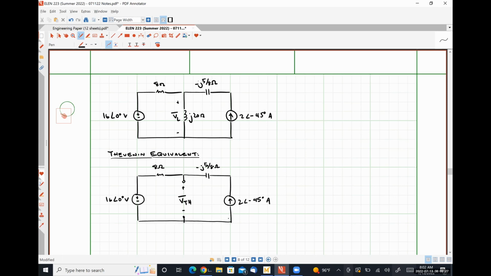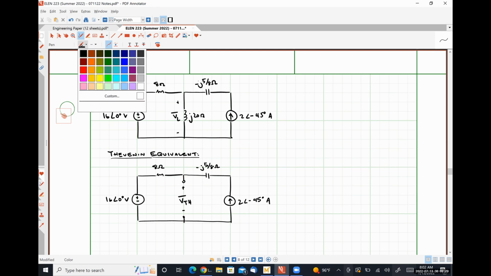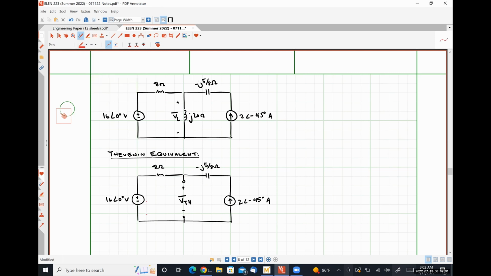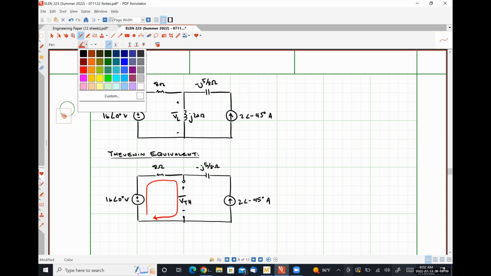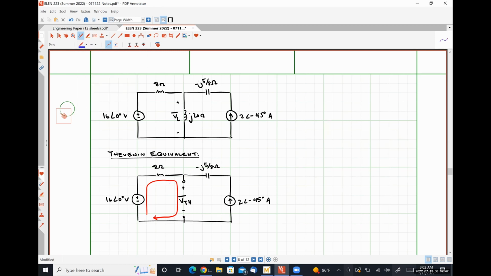So what I'm going to do is write a Kirchhoff's voltage law equation around this loop. And I am going to say that the voltage drop across my 8 ohm resistor will be V8 with this polarity.